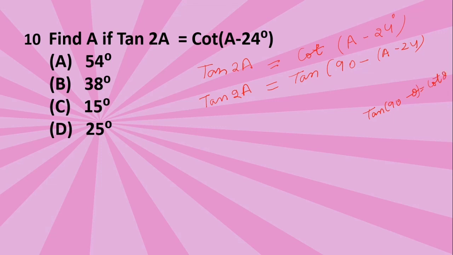Now here you can equate, you can write like this. 2A is 90 minus A plus 24. So you can write like this. 2A plus A is 3A, and it will be 114. So A is 114 upon 3. So 3 3s are 9, 38 degree. So the correct answer is B.